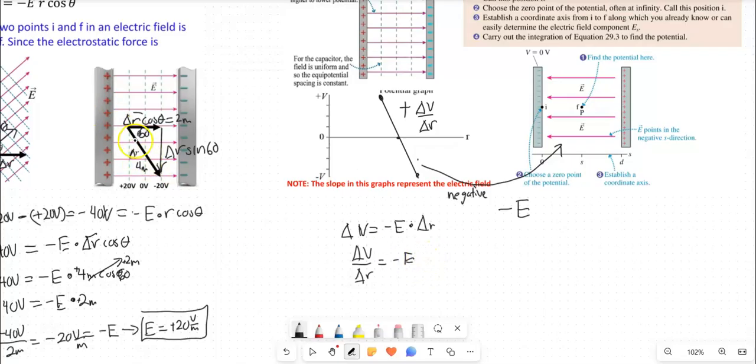So in this case, if this was positive 20 volts, and this is negative 20 volts, and that was across, I think in the problem, 2 meters, well, the slope of that line, you're dropping by 20 and then dropping by another 20. So that change is resulting in a negative 40 volts, and it took 2 meters to do that, right?